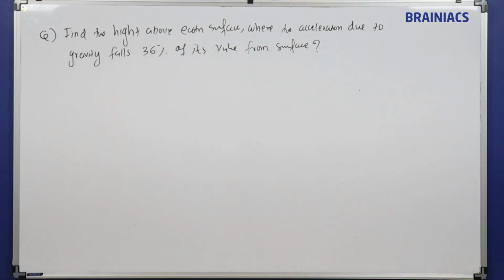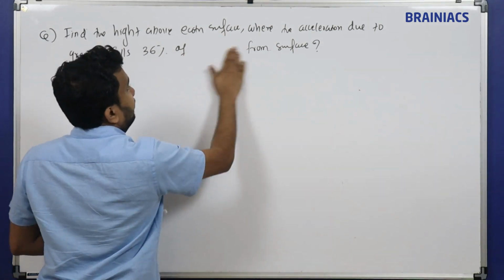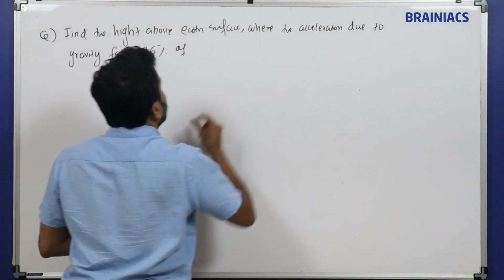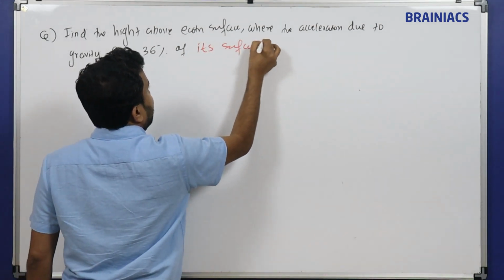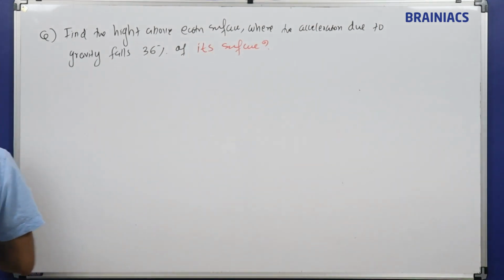Let's make the question like this: g drops to 36% of its surface value. I will make the question very clear, do not confuse.